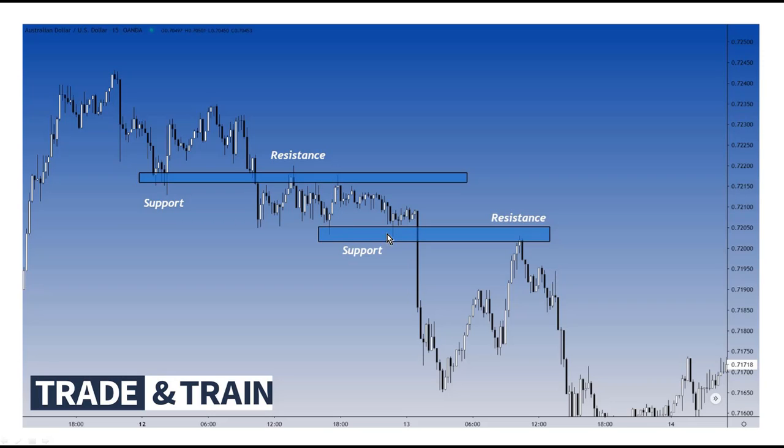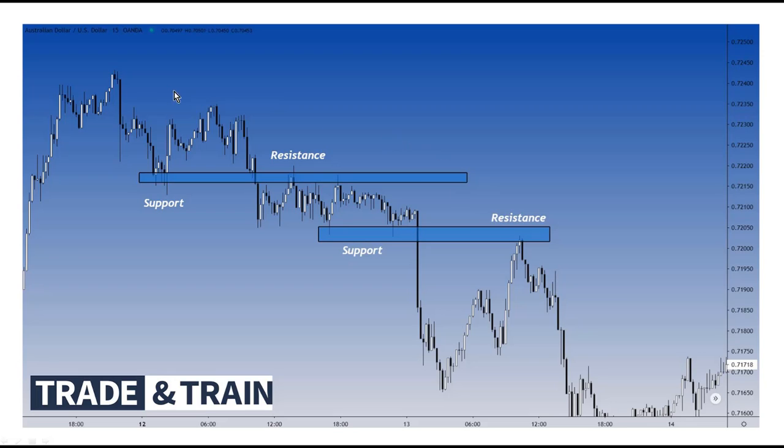And we can see here, look, price is pushing to the downside, finds another support level until a big impulsive move to the downside breaks through, comes back and retests it here, and that becomes resistance. So previous support now becomes new resistance, and then we see that selling continue.